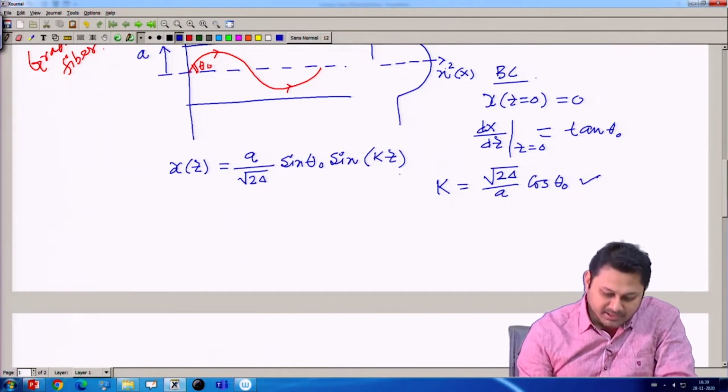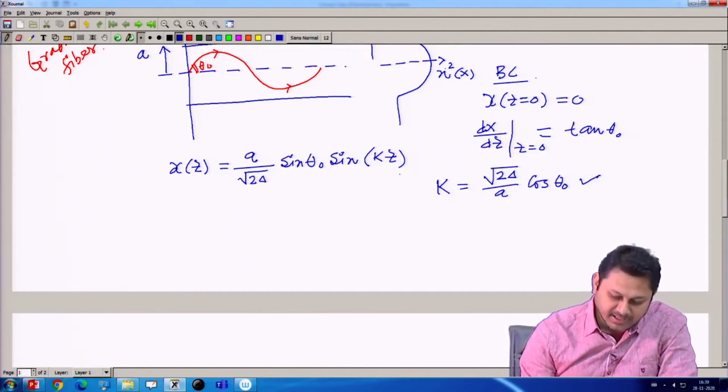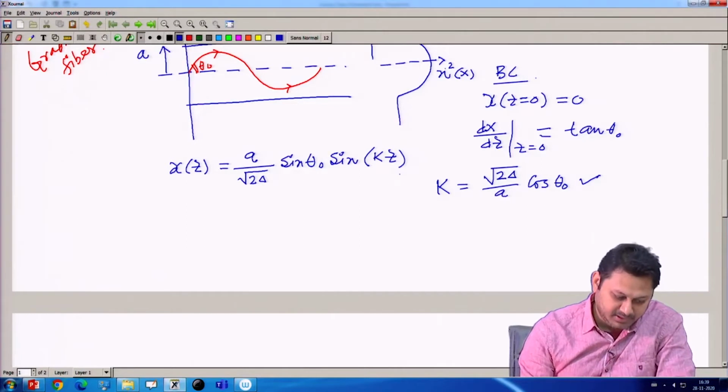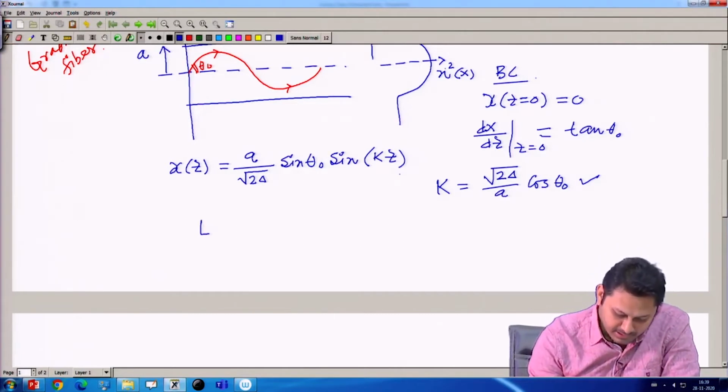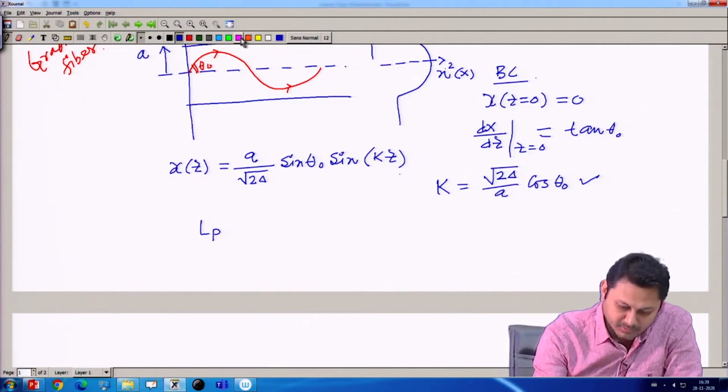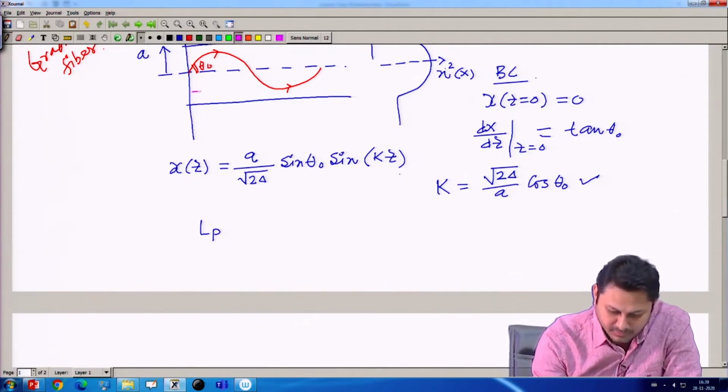Now, we also calculated the period. Once we know what k is, we also calculated the period, and LP was the period, where LP is this amount from here to here.